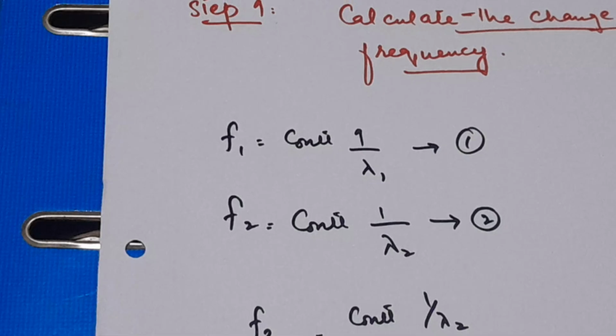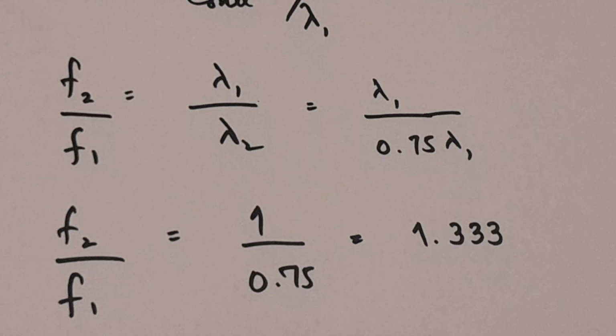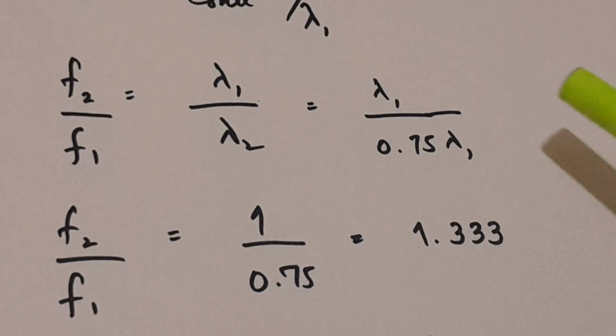Now, the initial frequency f1 is expressed as constant times 1 over lambda 1 and f2 is equal to constant times 1 over lambda 2. Now, taking the ratio or dividing equation 2 by equation 1, we'll get f2 over f1 equals lambda 1 over lambda 2, which is equal to lambda 1 over 0.75 times lambda 1.